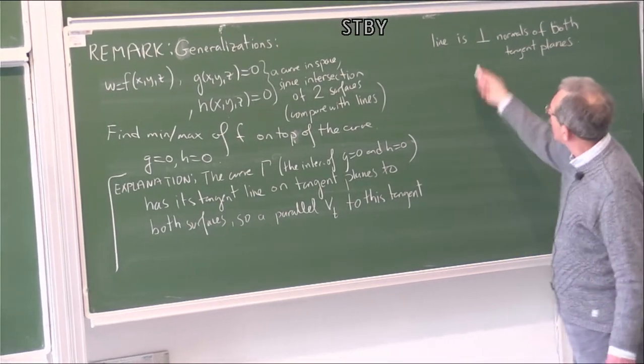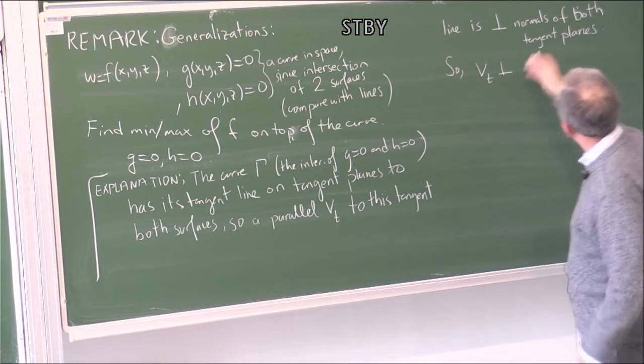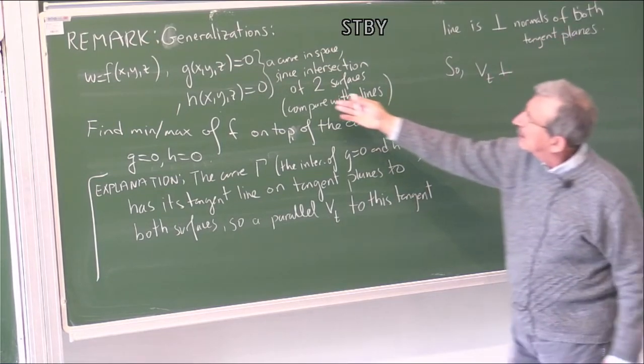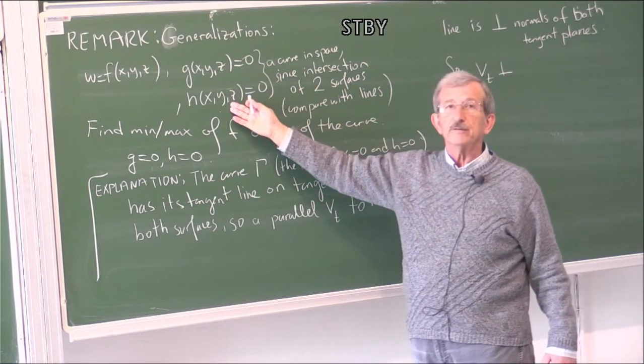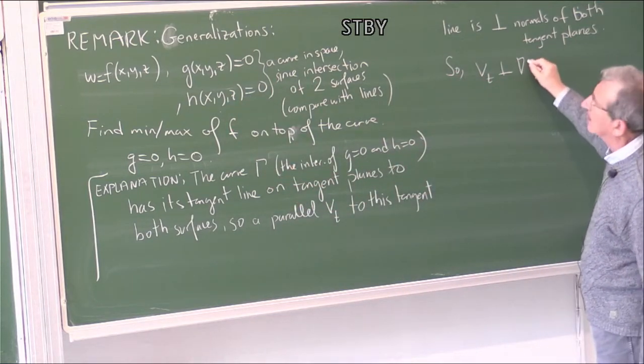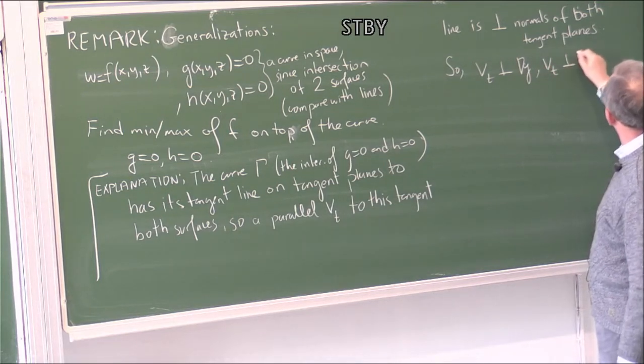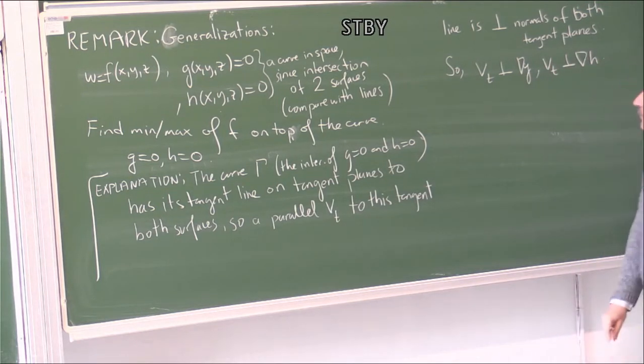So all this says that Vt is perpendicular to the normals to these surfaces, which are just the gradients. So we have that.